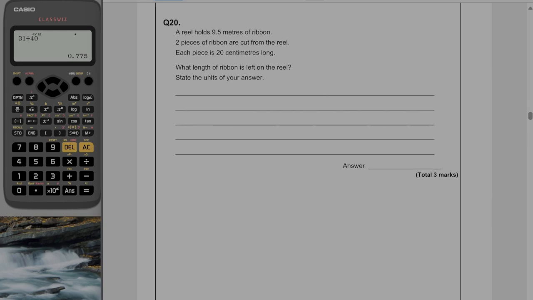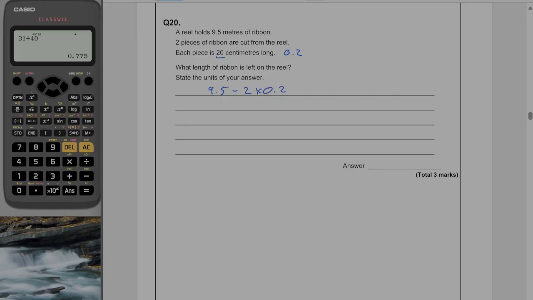Question 20. A reel holds 9.5 meters of ribbon. 2 pieces of ribbon are cut from the reel. Each piece is 20 centimeters long. What length of ribbon is left on the reel? So 20 centimeters is going to be 0.2 of a meter. So I want to do 9.5 minus 2 lots of 0.2.